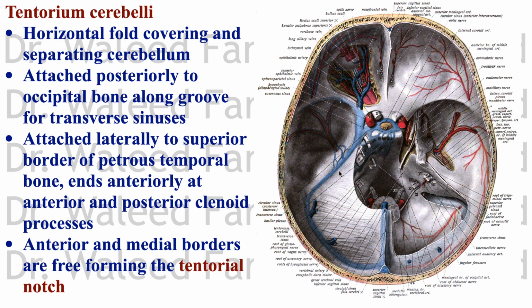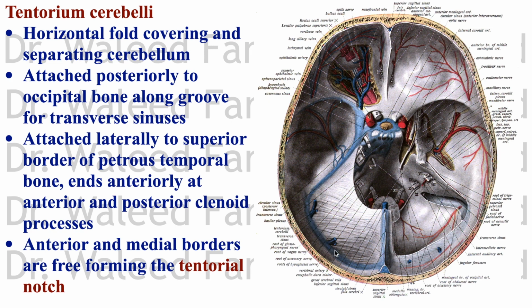Tentorium cerebelli, this is half of the tentorium cerebelli, this half is removed. It's a transverse fold attached to the petrous bone and the internal nuchal line, or the transverse process of the skull, from the inside internal occipital protuberance to the transverse process.